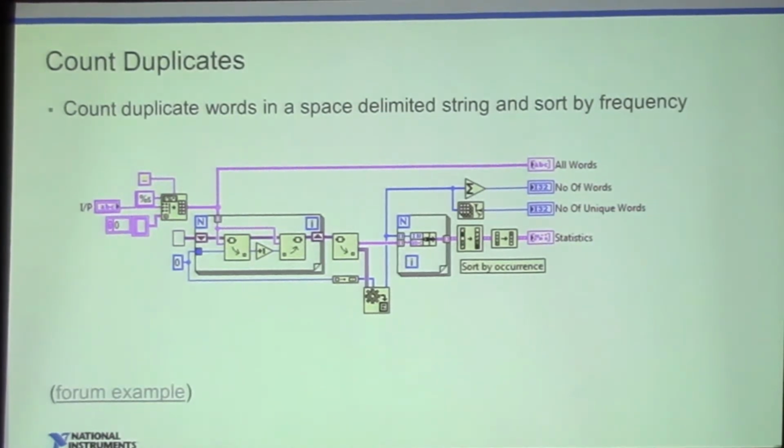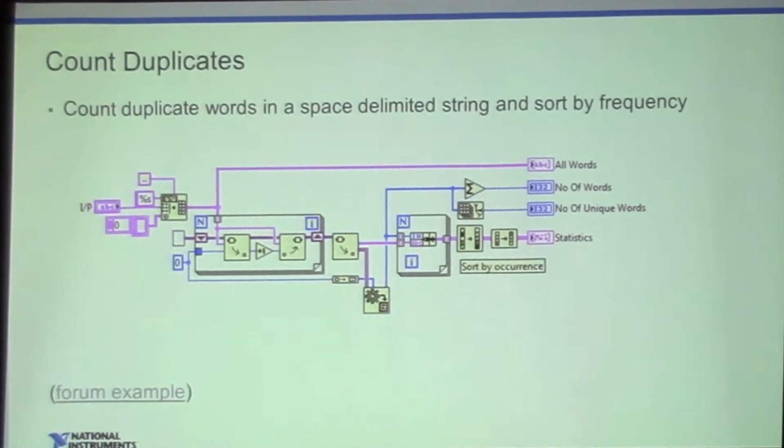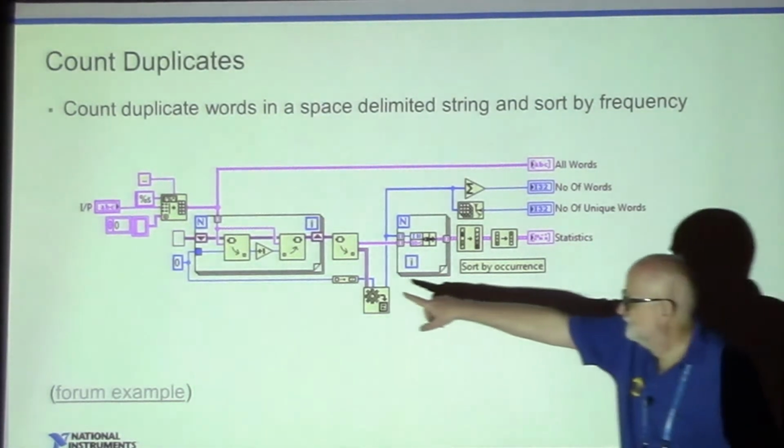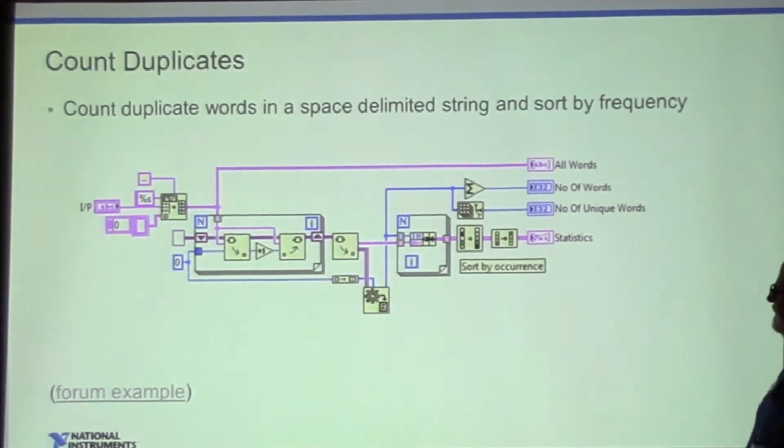This is another one. You can take a long string, like Shakespeare, Hamlet, or whatever, read it as a space delimited string, turn it into array elements, and then whenever there is a new word, increment the number. By default it's 0. Whenever we find the word, we increment it by 1, and at the end, we have the words as attribute names, and the value is how many times that word occurred.